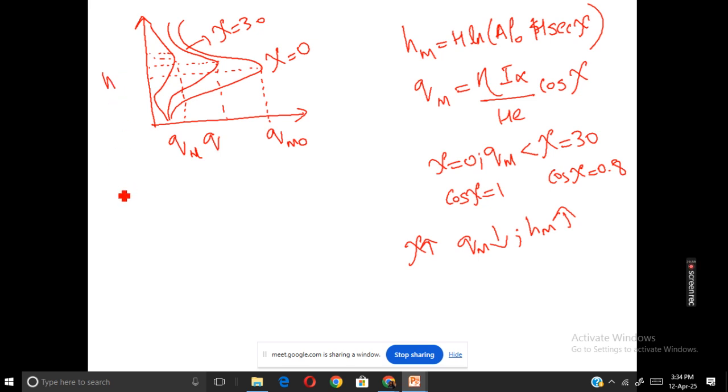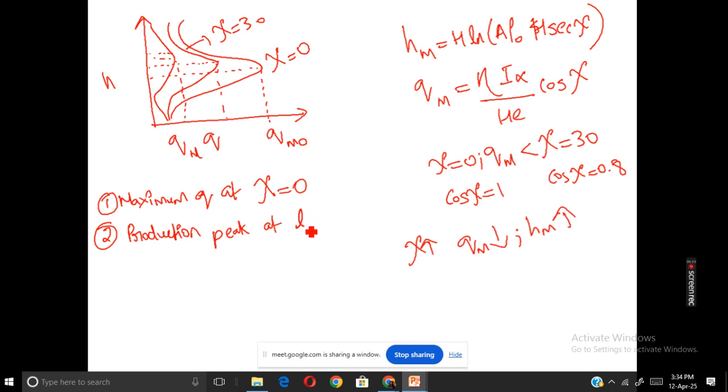So we can say the maximum peak production, maximum Q we are getting, maximum production is happening when chi is equal to 0. Also the peak production height is the lowest for chi is equal to 0.